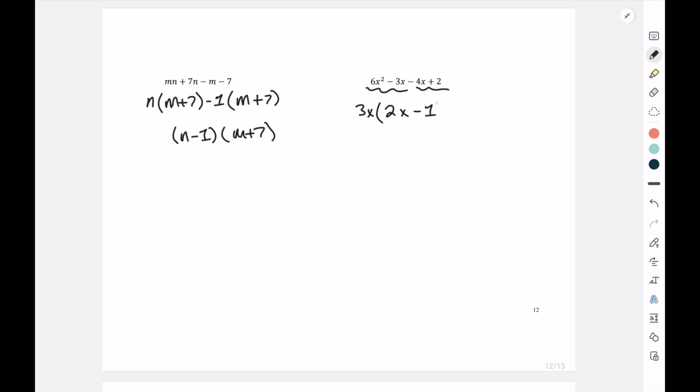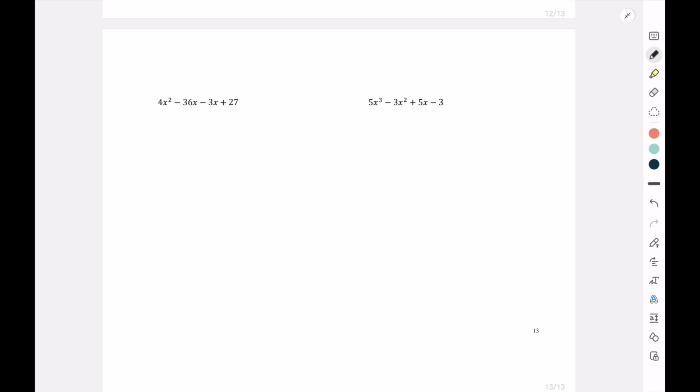And we would just get a minus 1 back. And then to see what's in common with this next set, and we want this 2x minus 1 to come back, we could pull out a negative 2, and we would have a 2x minus 1 coming back. And our answer would be 3x minus 2, 2x minus 1.